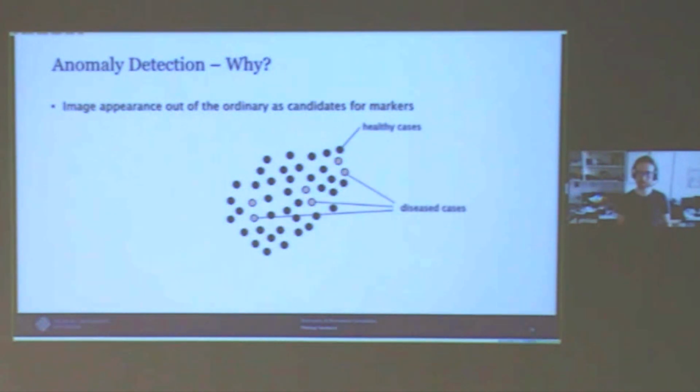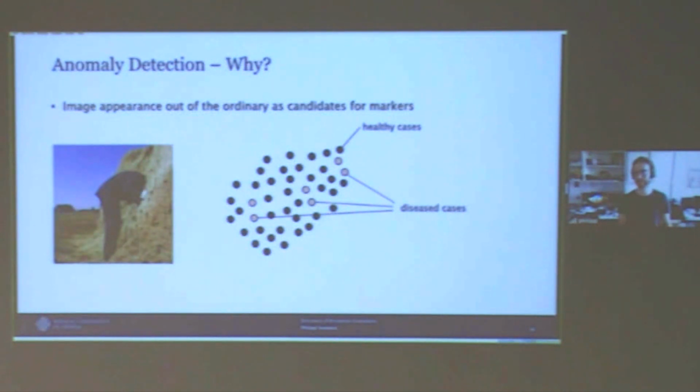If you want to detect these biomarkers which have an anomalous appearance in the whole data set, in the whole feature space, I always compare it with searching for a needle in a haystack.